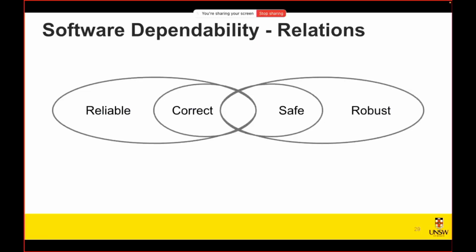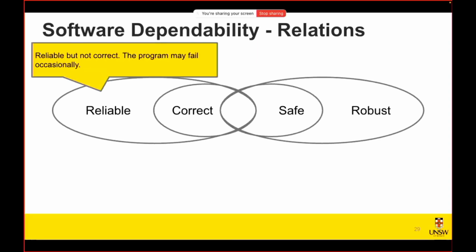And here's the relation between these four properties. You can see that software that is correct must be reliable. That is because reliability is a statistical approximation for correctness, right? So if a piece of software is correct, then it's always correct, regardless of time.